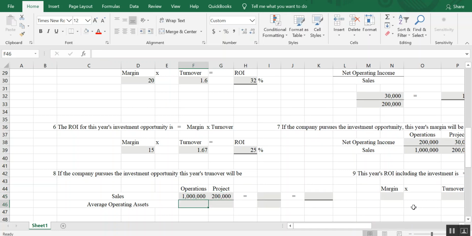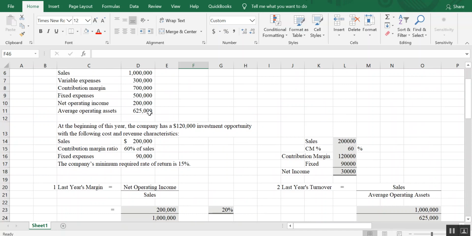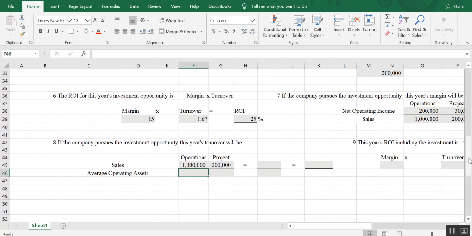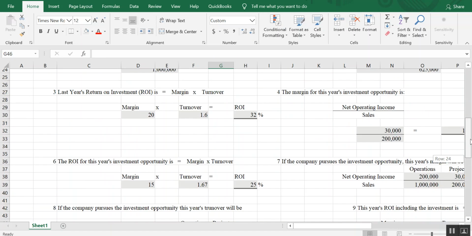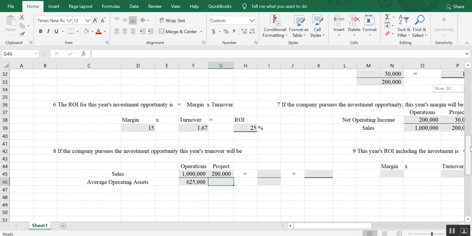Now the thing that we need to include here are average operating assets. So we go up here to get the average operating assets for operations of 625,000. And we add the project's investment. Remember I said the investment could be considered its average operating assets of 120,000. So that's what we're going to do here.